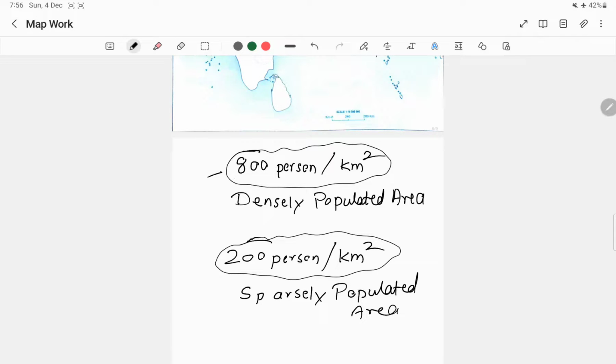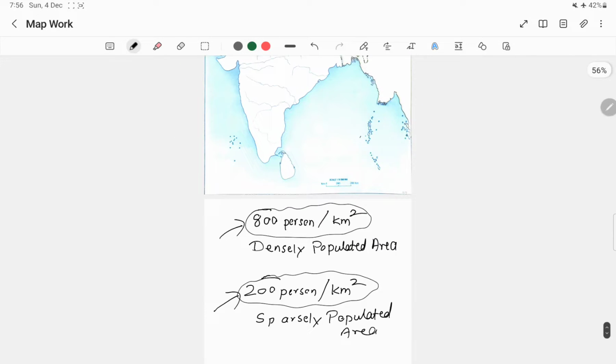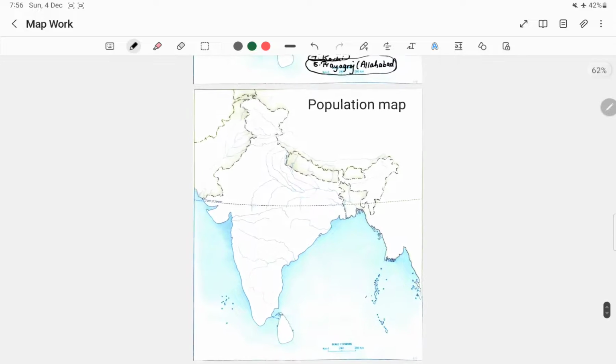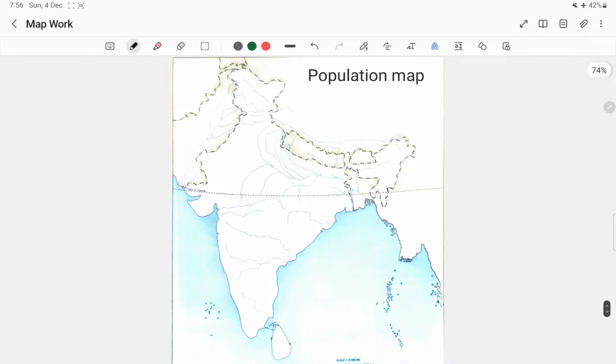Now these are the two important patches which we need to do according to the latest board pattern, that is to mark the densely populated areas and to mark the sparsely populated areas. So let's just mark it now. First, we'll mark the densely populated areas. So for densely populated area, this will be your patch. Prayagraj will also be included over here.